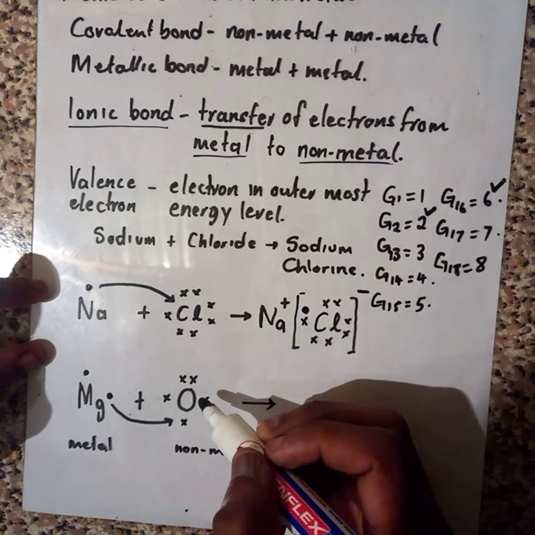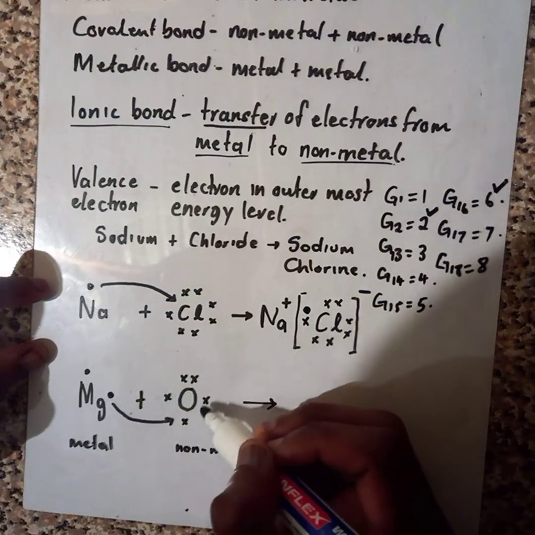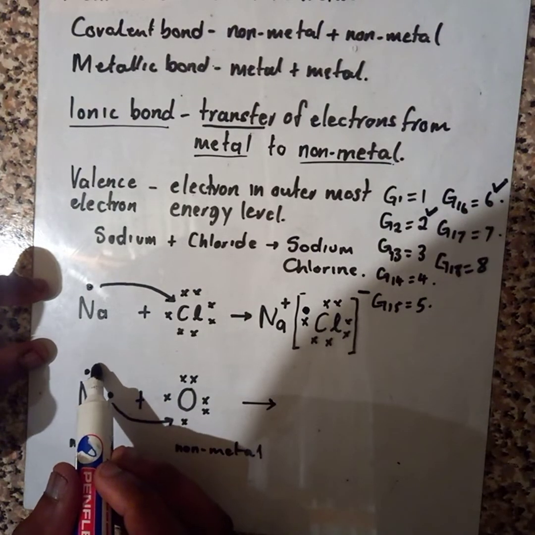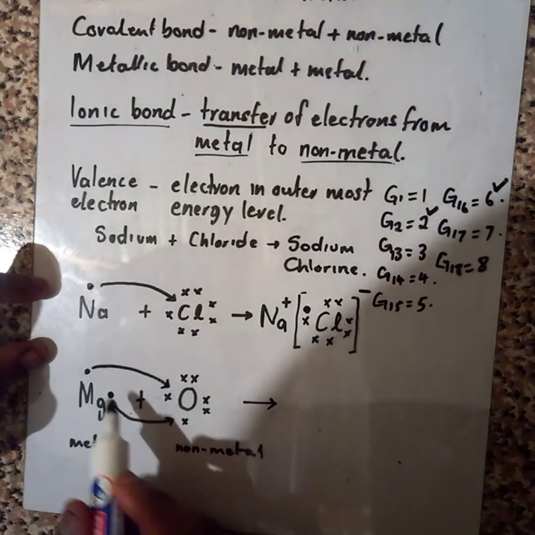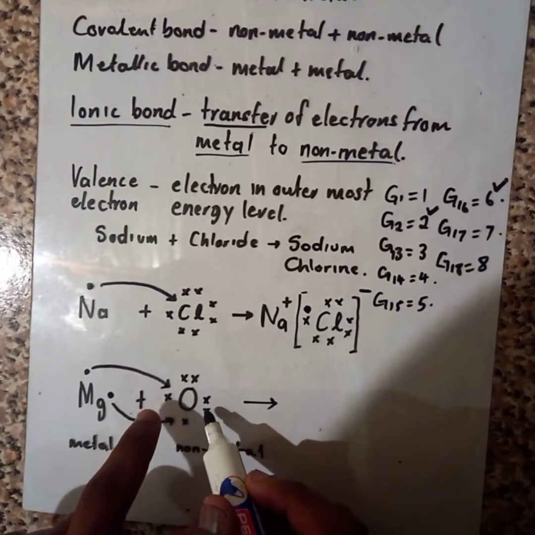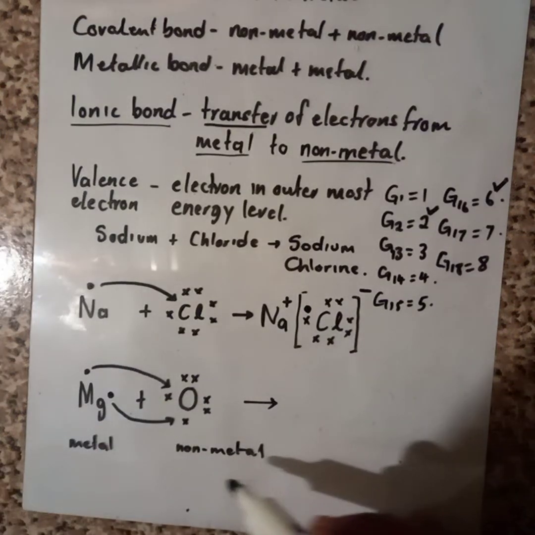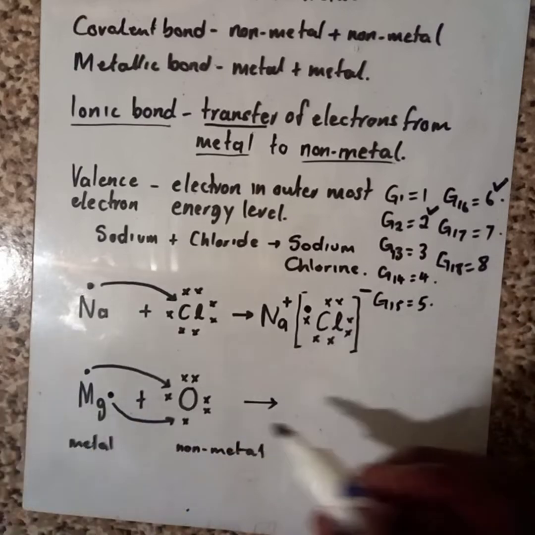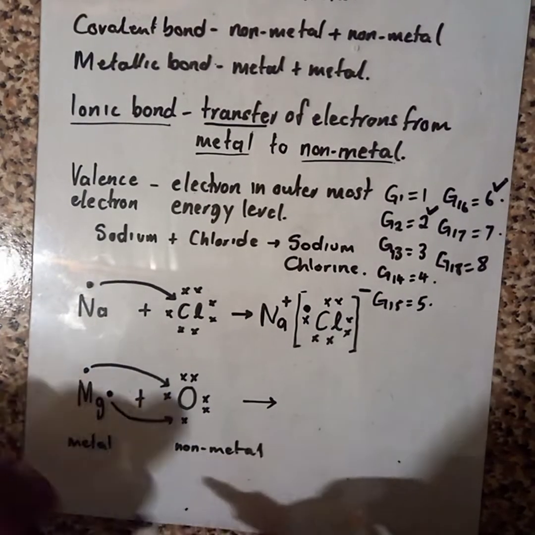In order for us to complete our non-metal, we must transfer those 2 electrons to our oxygen, or this O. Then somehow it will receive 1 electron from this one as well as 1 electron from this.